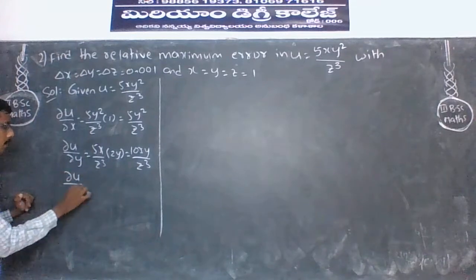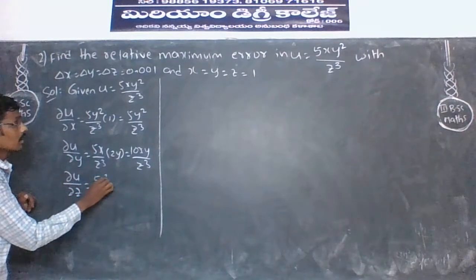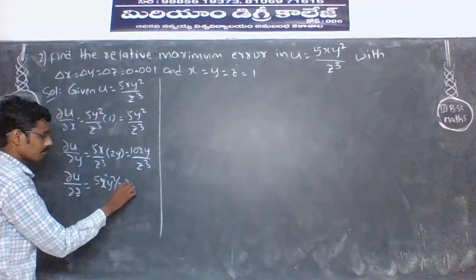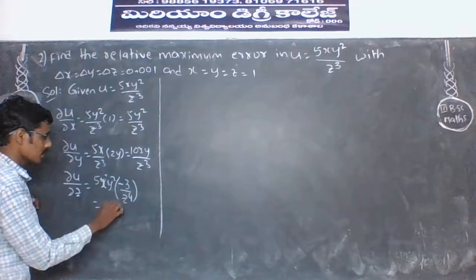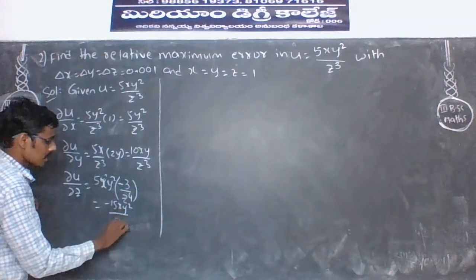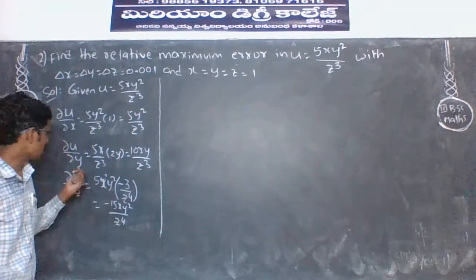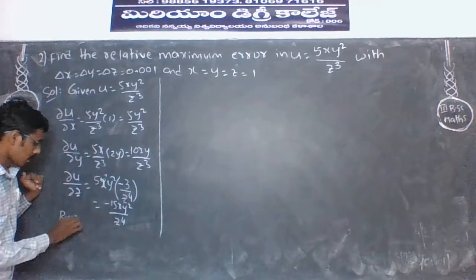Next, dou u by dou z: 5xy square is constant, times minus 3 z power 4, that implies minus 15xy square by z power 4. These are dou u by dou x, dou u by dou y and dou u by dou z.